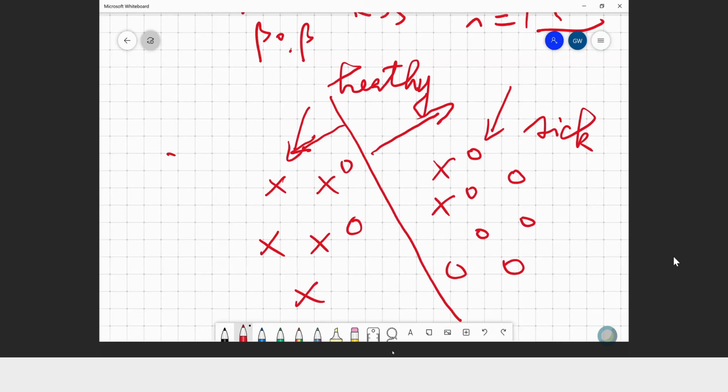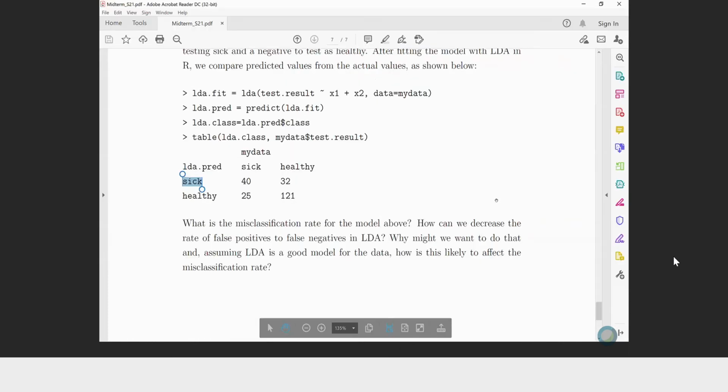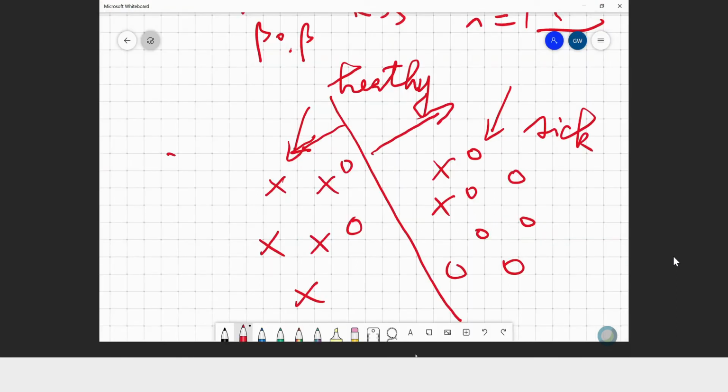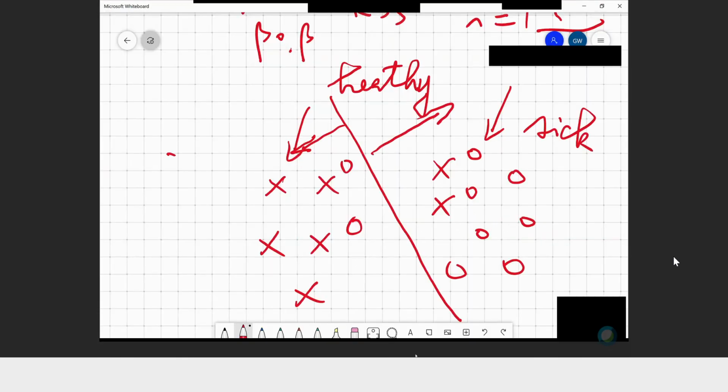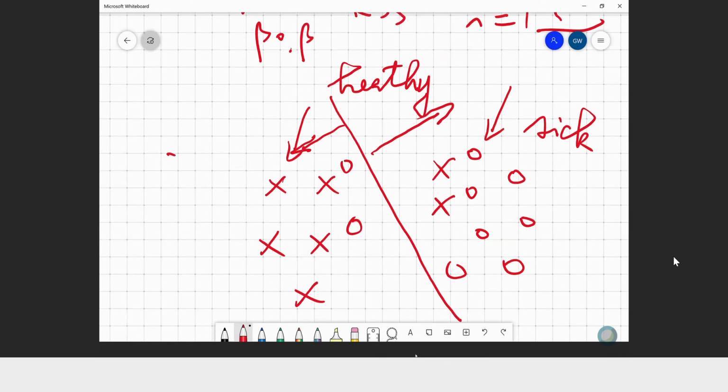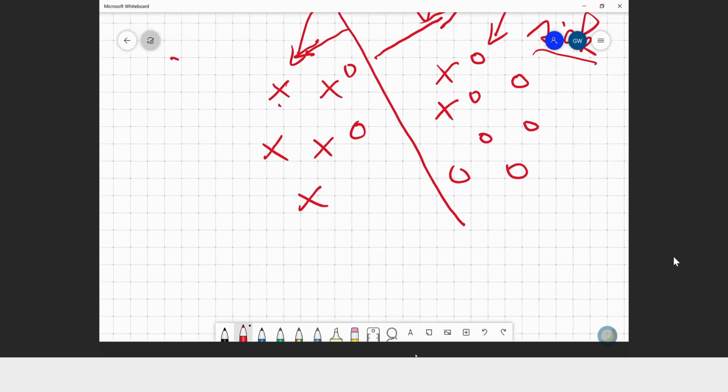So if you want to reduce the rate of false positives, what is a false positive? That just means this guy is healthy, but you misclassified him as sick. We say this is a false positive. Make sure you are clear there.